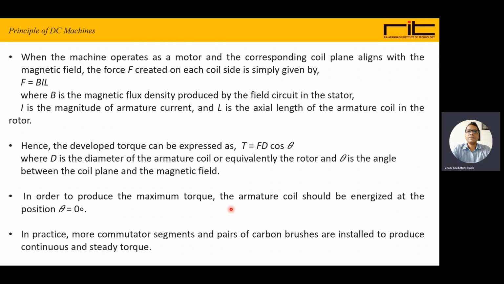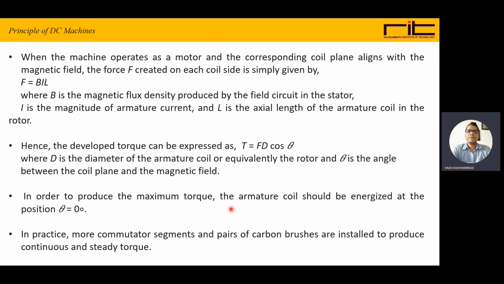If you see the principle of DC machine, when the machine operates as a motor and the corresponding coil plane aligns with the magnetic field, the force created on each coil can be calculated by F = BIL, where B is the magnetic flux density produced by the field circuit in the stator, I is the armature current, and L is the axial length of the armature coil in the rotor.